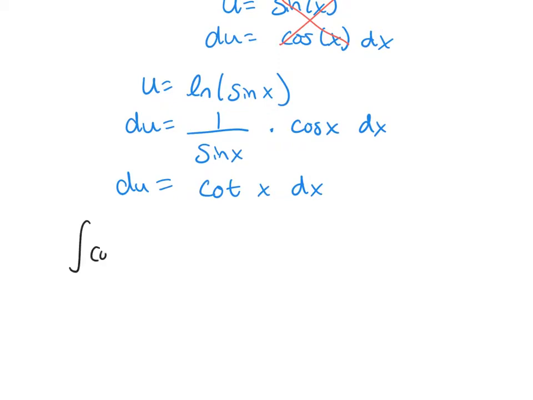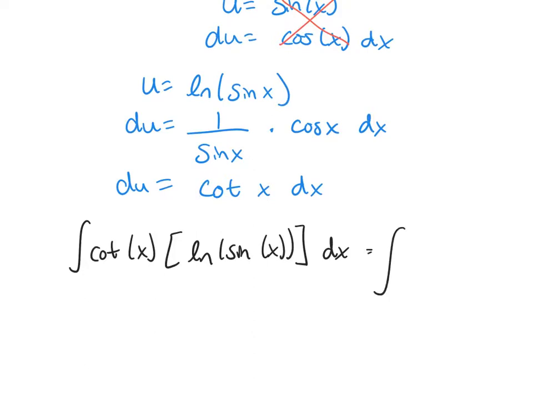Okay, so the integral of cotangent ln sine x dx will now become the integral of, this ln sine x all becomes u, and then this cotangent x dx becomes du.